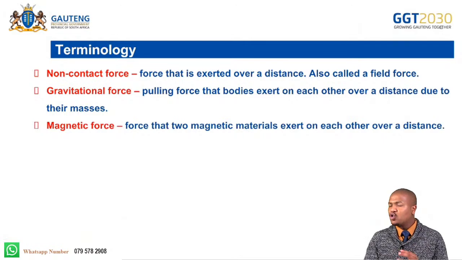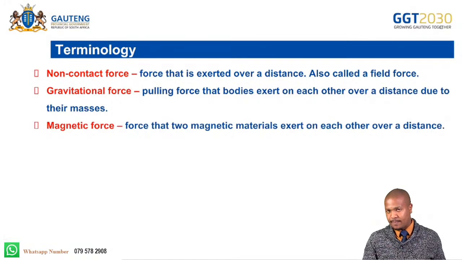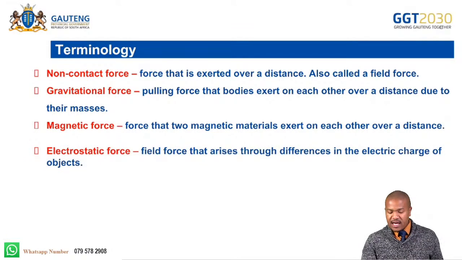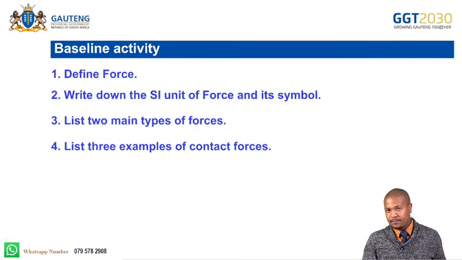Note that they keep saying over a distance, meaning the objects do not have to touch each other. Then we have electrostatic force, which is the field force that arises through differences in the electric charge of objects.